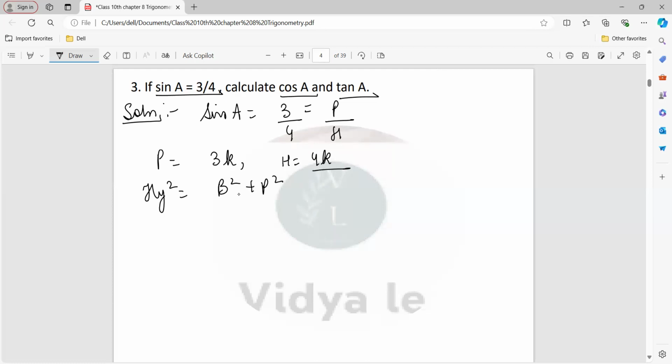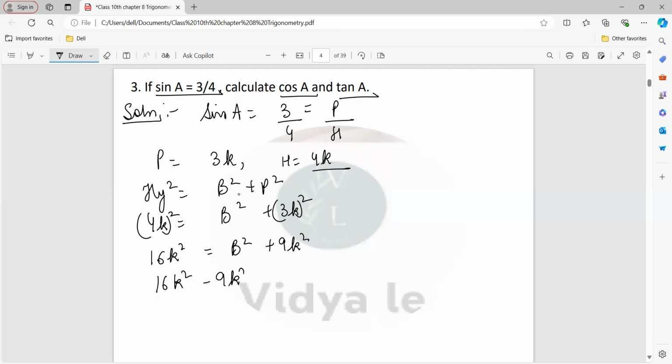So the hypotenuse is 4k square, and the perpendicular is 3k square. So 4k whole square is 16k whole square. 16k square equals base square plus 9k square.